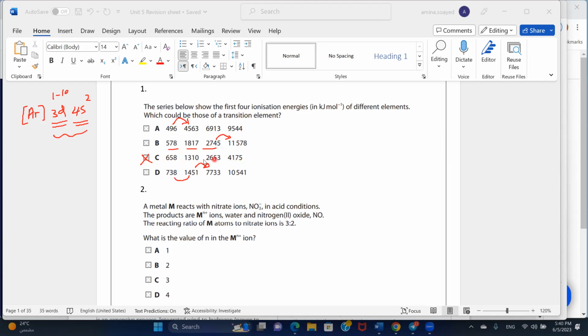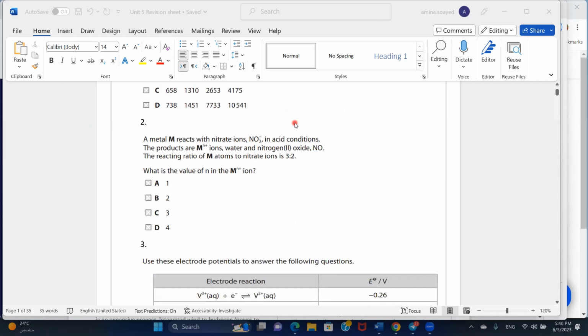So when we have numbers in thousands, if the difference is 1,000, 2,000, or 3,000, it's not considered a jump. But here, 6,000 is considered a jump. So you will see that we don't have a jump between the values. That's why C is the transition metal. Do you have any question?